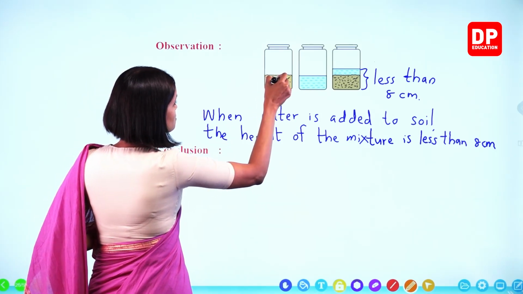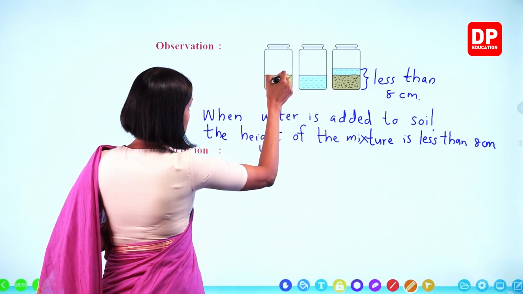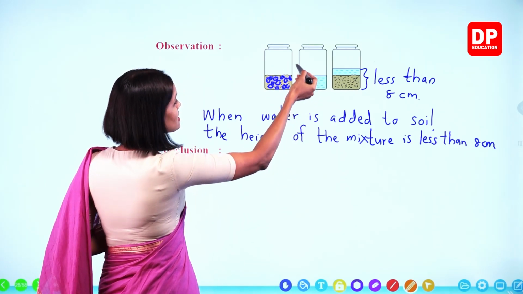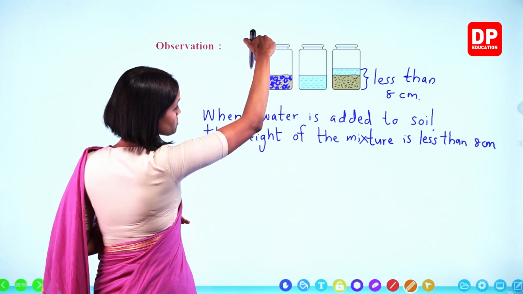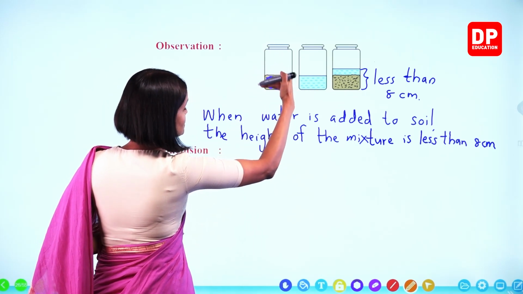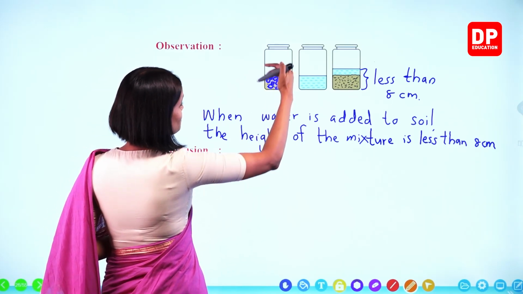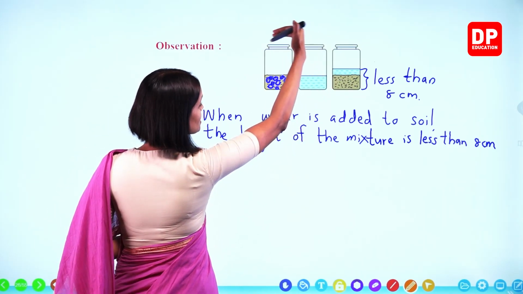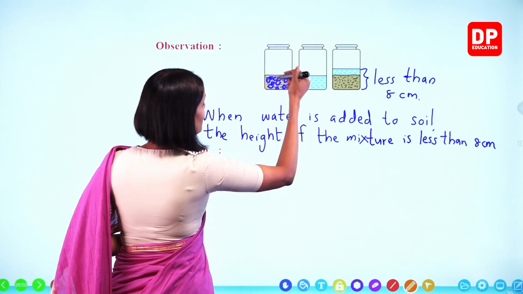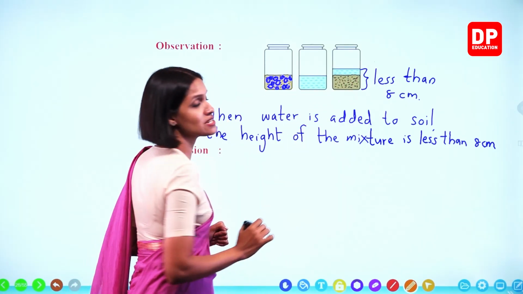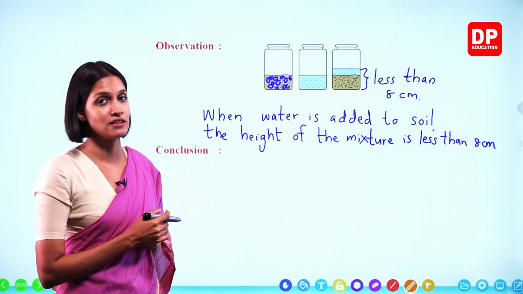Now, because of these spaces, even though we can't see, there are a lot of spaces between these soil particles, some amount of water goes through these soil particles and settles in the bottom parts. Right, children? That is why, because some amount of water goes through the soil particles, the entire height is not equal to 8 centimeters. It is always less than 8 centimeters.